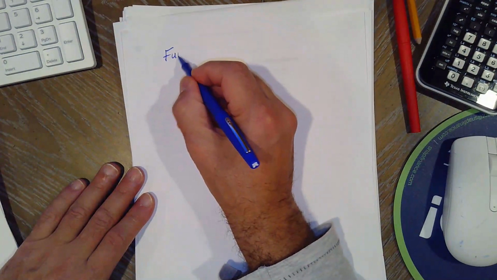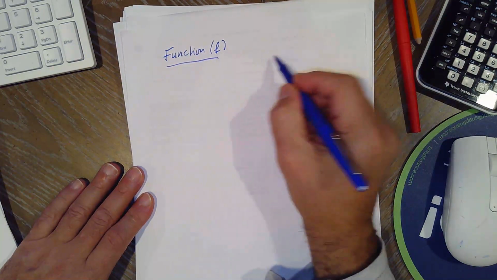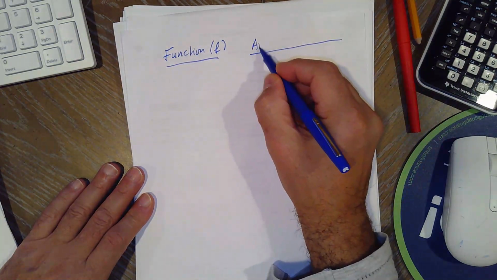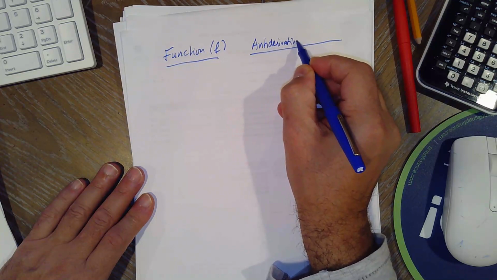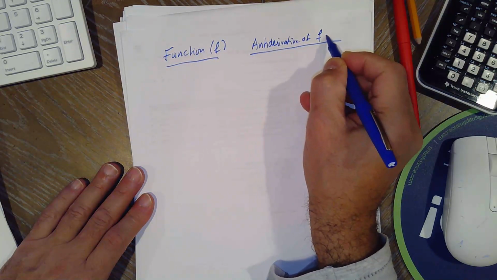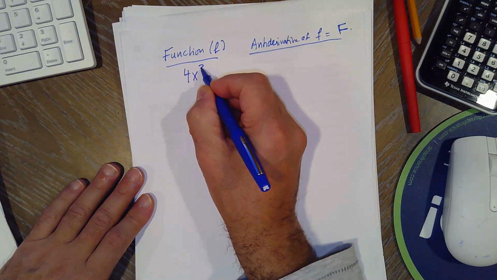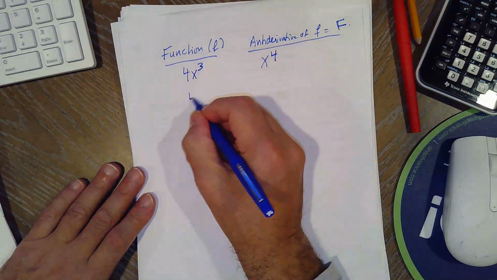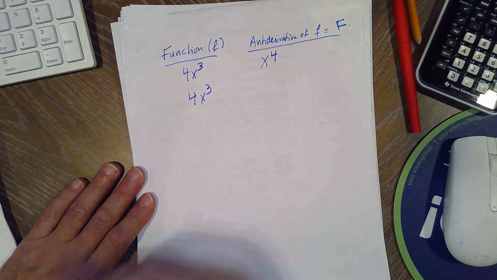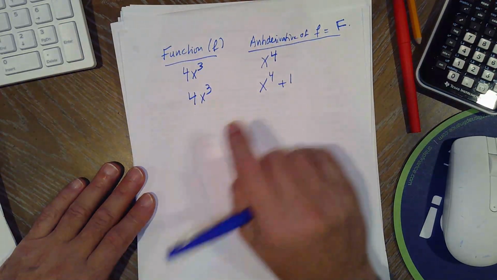So the original function is going to be little f, and an antiderivative of little f we're going to call big F. So an antiderivative of 4x cubed is, as we saw, x to the 4. Another antiderivative of 4x cubed is x to the 4 plus 1. Right?